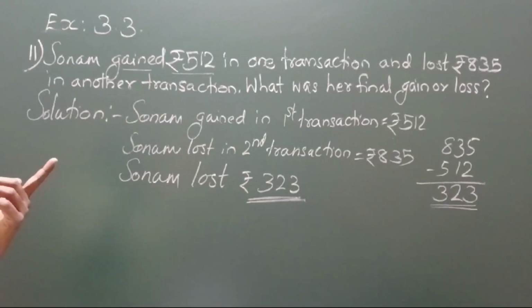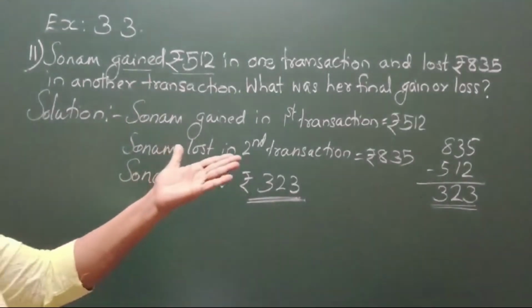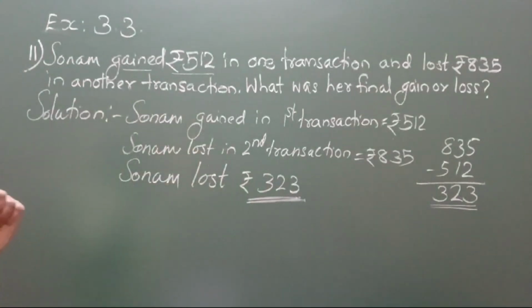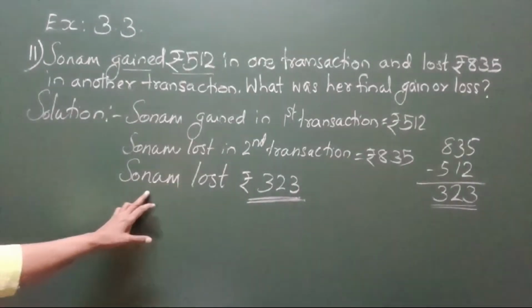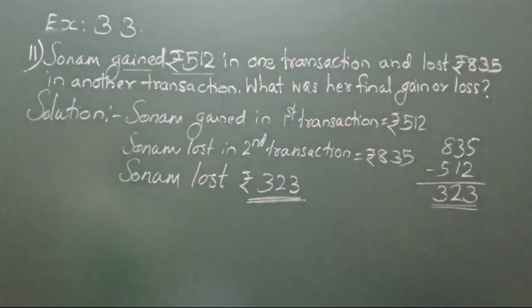But we want to know how much it is. For that we have to subtract the smaller number from the greater number. So we got the answer 323. Of course it is a loss. So Sonam lost rupees 323.